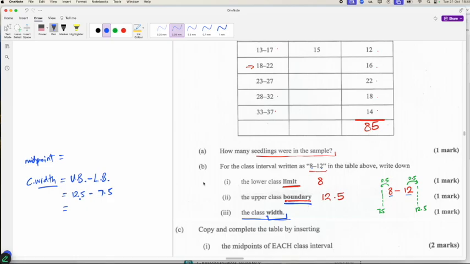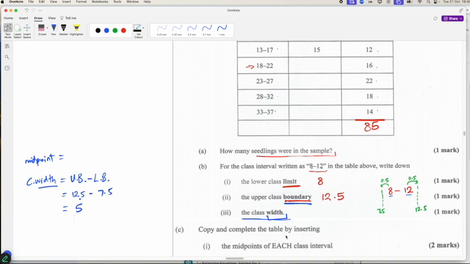In fact, for any calculation that has to do with the class, you never use the limit. You always use your boundary. So 12.5 minus 7.5 is 5. So the class width is 5.